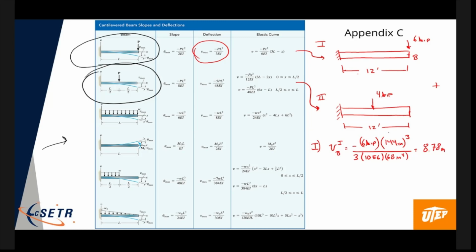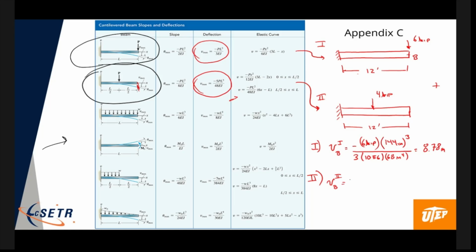Now we're going to consider if we just have the midspan load. So we're going to look at case 2. And here we would get the deflection at point B, but from load case 2. So here is Vmax. Again, that's obviously going to be at the tip. So this is the equation we use here. If you had to find it at some other point, you would use the elastic curve equation, but we don't have to here.